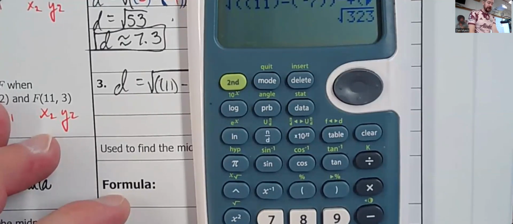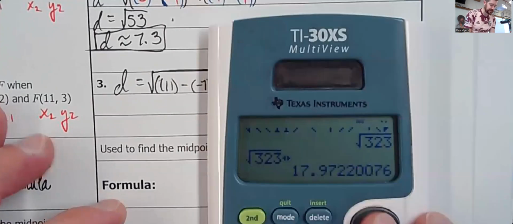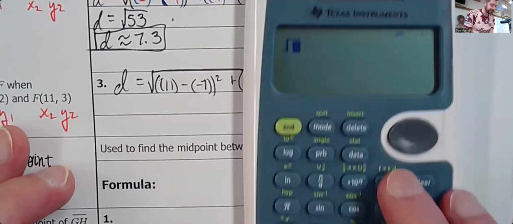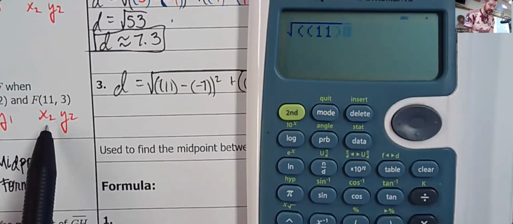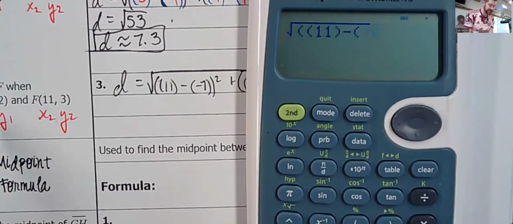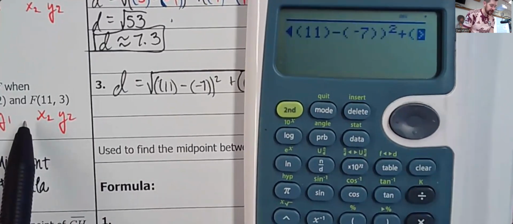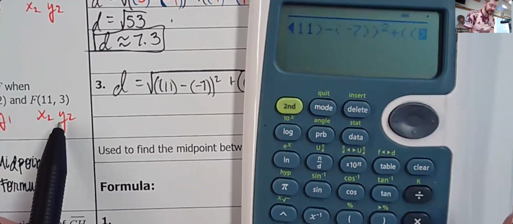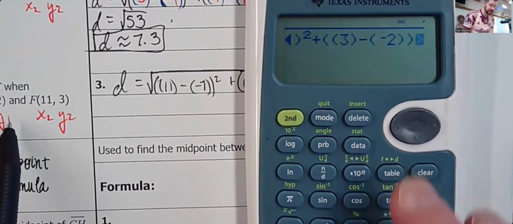All right. And whoa, that's not right. Should be 18.7. I messed up somewhere. Hang on. X2, 11, minus X1, which is -7 squared, plus Y2, which is 3, minus Y1, which is -2.